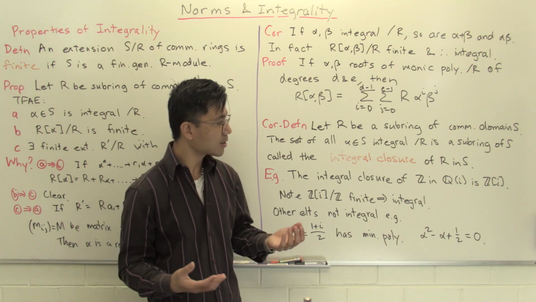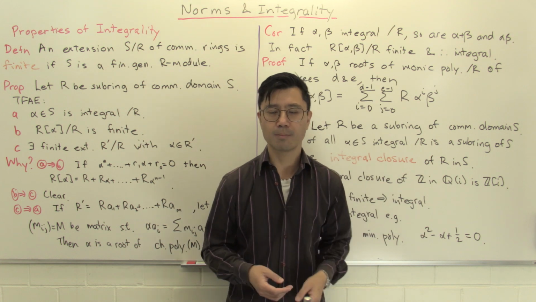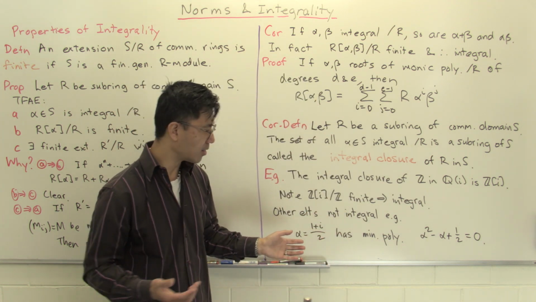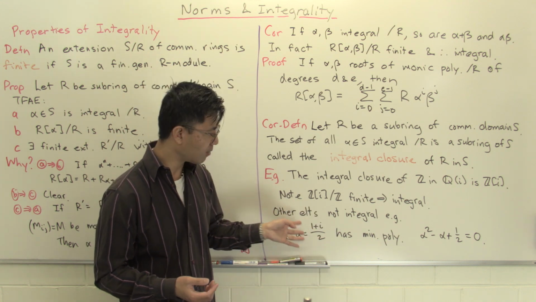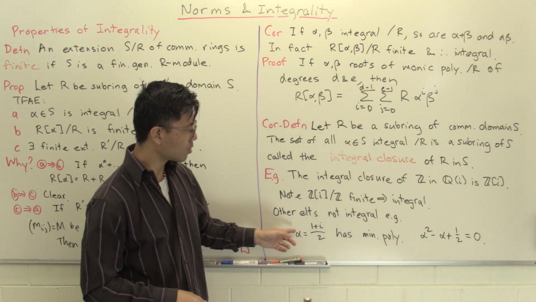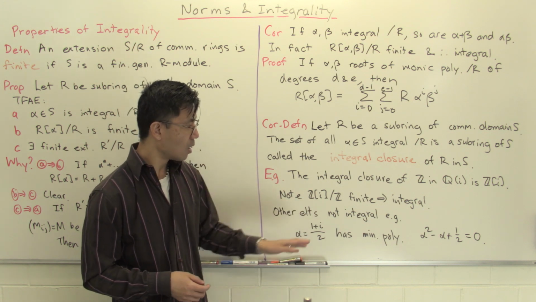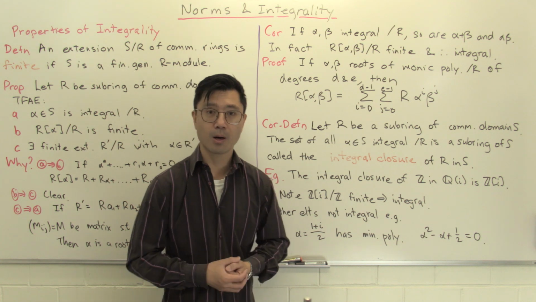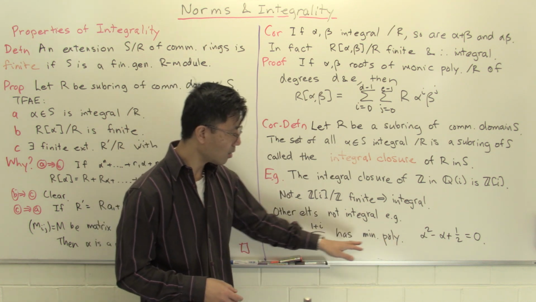Now, what you do is you look at linear combinations of 1 and i, where you might have some denominators. Let me just show you how easy it is to show that they're not in there by taking a particular example. You can do this in general, but if you've seen a particular example, it's quite easy to see what happens in general. Suppose, for example, alpha equals (1 plus i)/2, so this is not a Gaussian integer. If it were integral, it would have to satisfy a monic polynomial. It does satisfy some polynomial, and what is that?